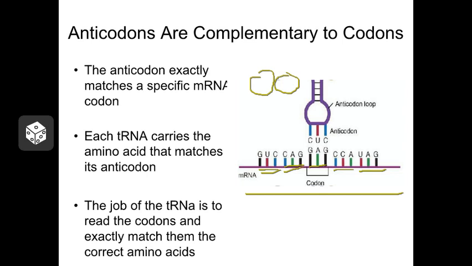Now this next little tRNA comes along. It's carrying an amino acid on its top, and it happens to have this anticodon CUC. It finds its matching codon in the sequence, GAG. And so that tells the tRNA that it needs to drop off its amino acid and attach it to this growing chain, leaving that amino acid in that specific position within this growing protein.